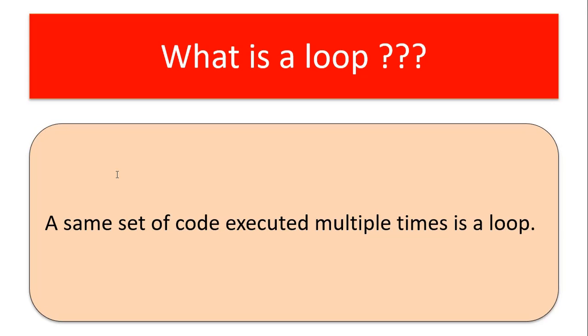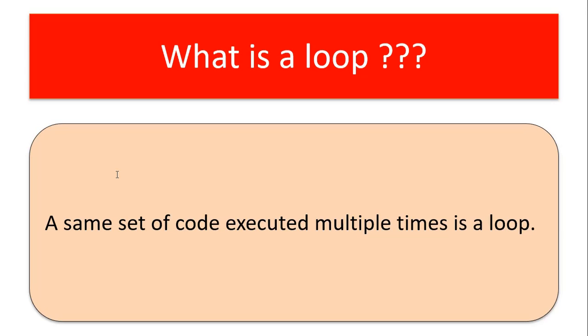So what is a loop when it comes to programming? The same set of code executed multiple times is called a loop. I think you can relate this to the concept we discussed just a few minutes before. We tried to get input from the user and print it, so these two lines were pasted 8 times.